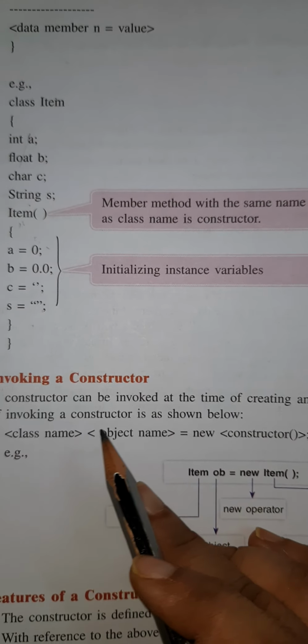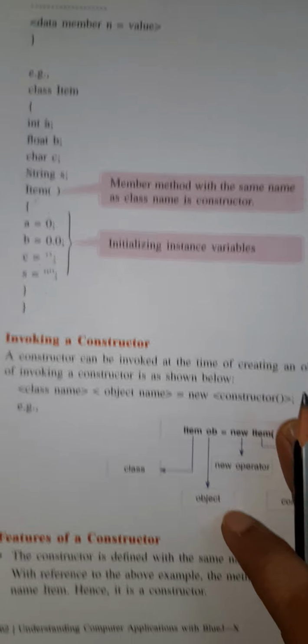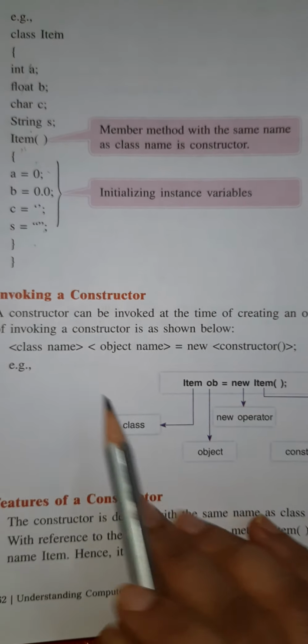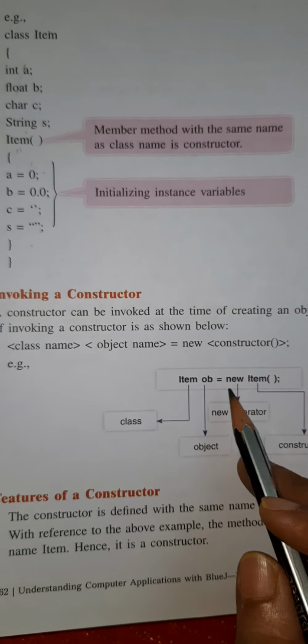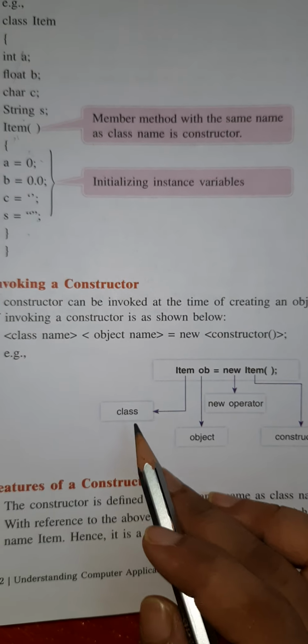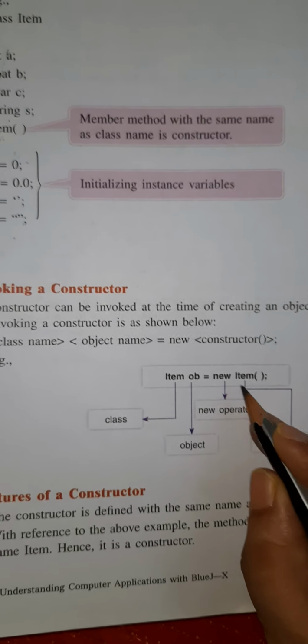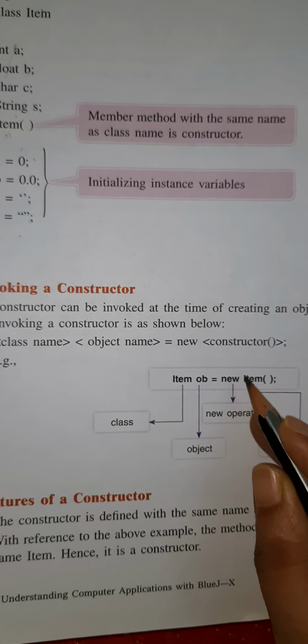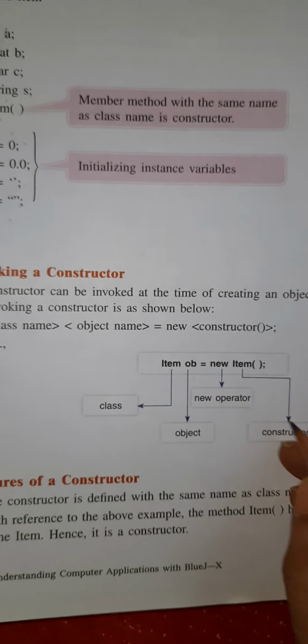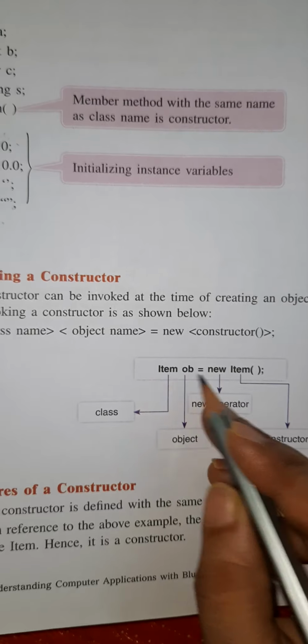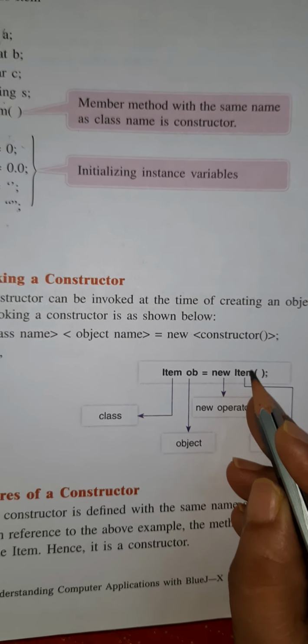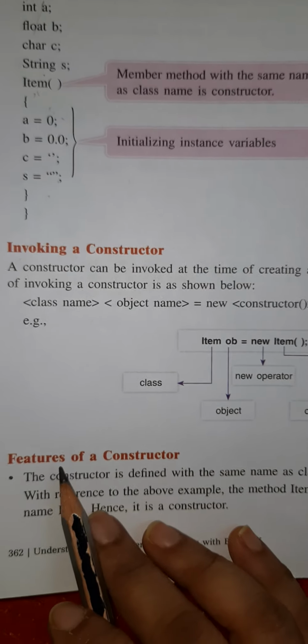The syntax of invoking a constructor is given below. Here is how the object is created, and this is the class name, and this part is known as the constructor. Till now we were saying class and method name, but actually this is a constructor, because its name is the same as the class name and it takes a parameter.